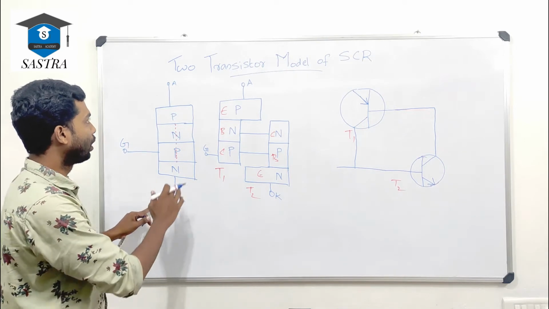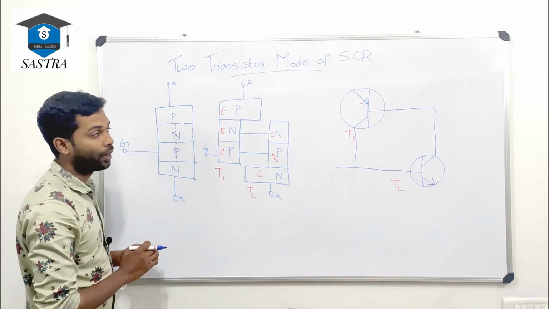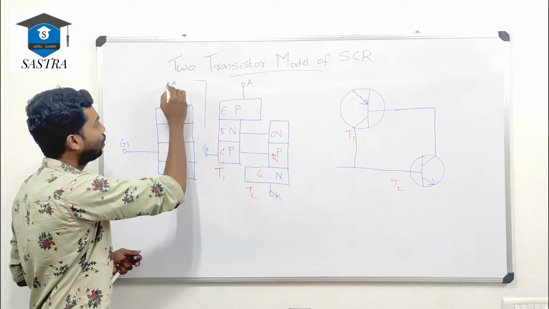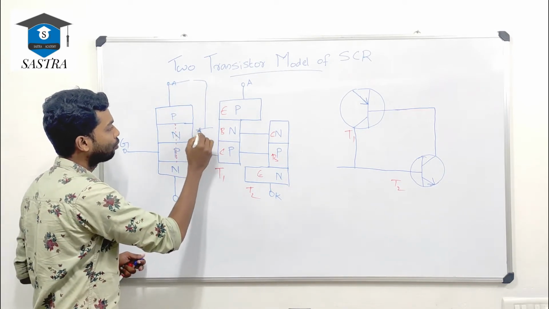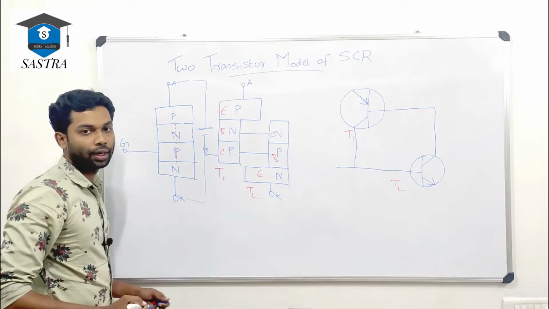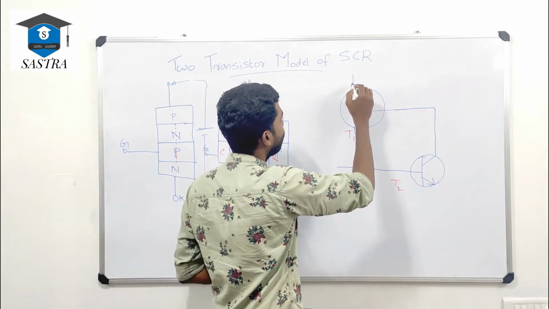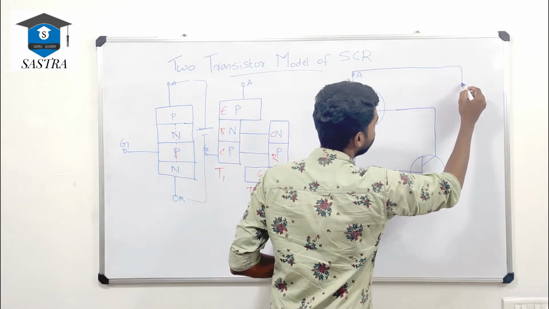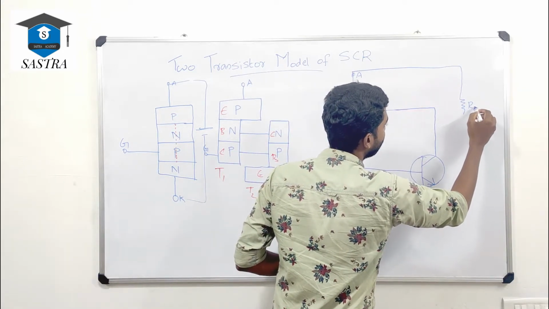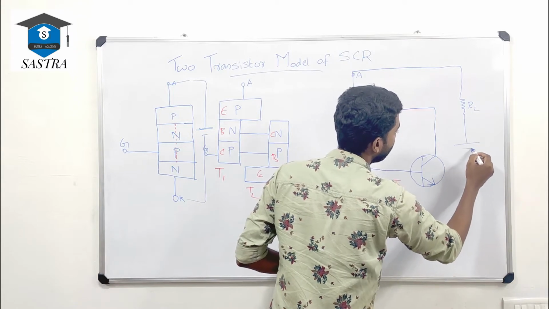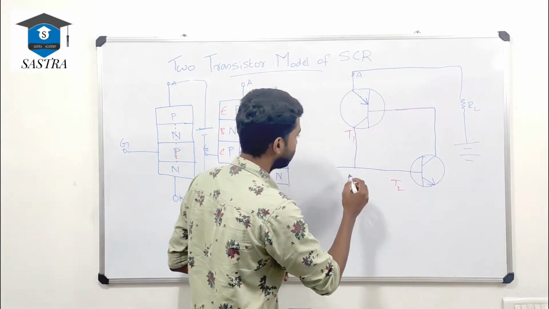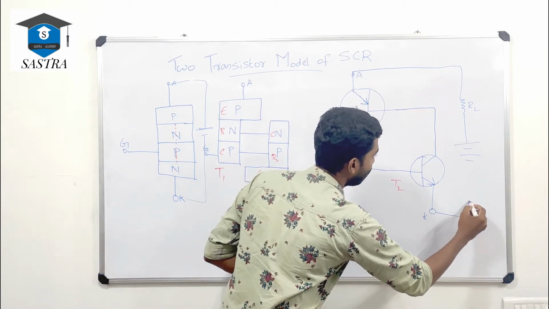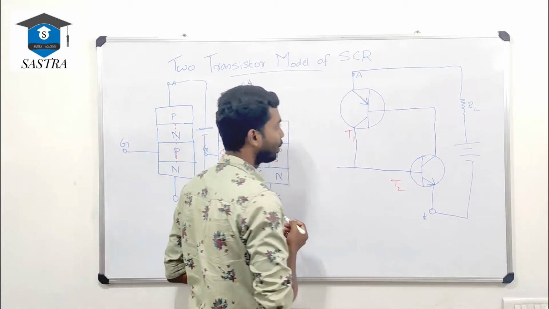So, SCR first, forward bias. In forward bias, the anode is connected to the positive terminal and the cathode is connected to the negative terminal. So the anode is connected to the positive terminal of the battery through a load resistor RL, and the cathode is connected to the negative terminal of the battery.